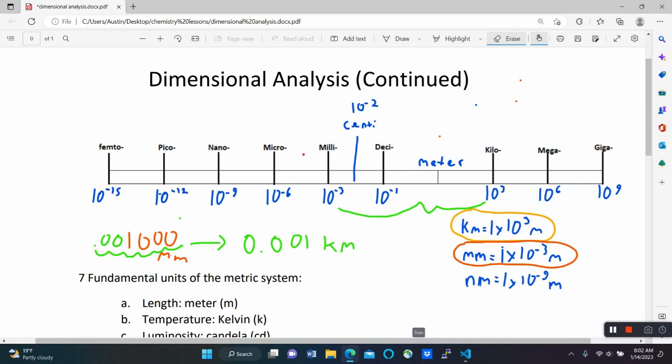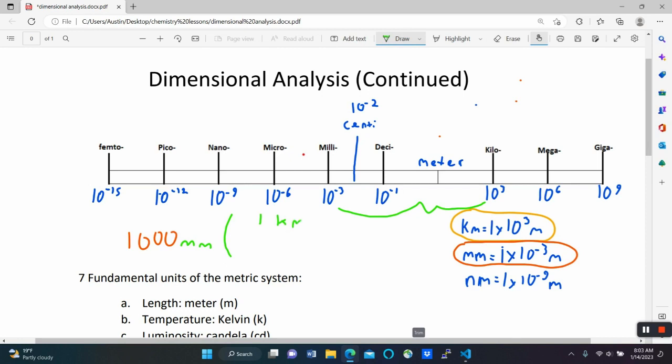So let me erase all of this and go back to our original method for achieving these unit conversions. Say we're given 1,000 millimeters. Well, if we want to convert that to kilometers, we're multiplying that by our conversion factor, where 1 kilometer is equal to 1 times 10 to the 6th millimeters.